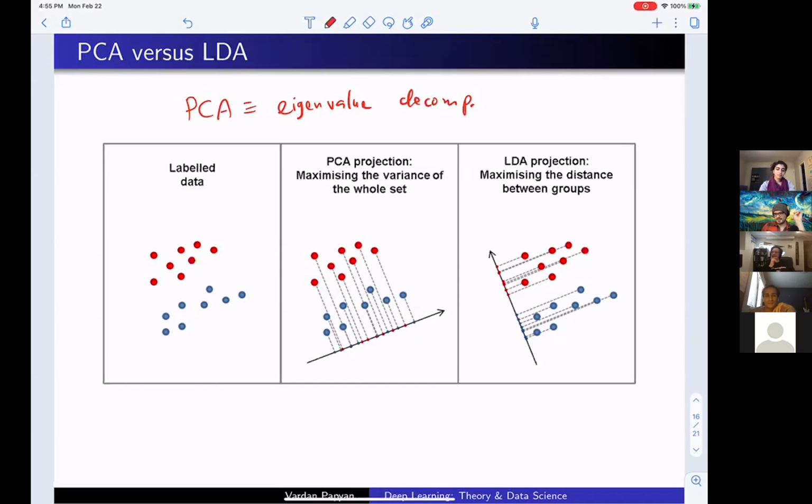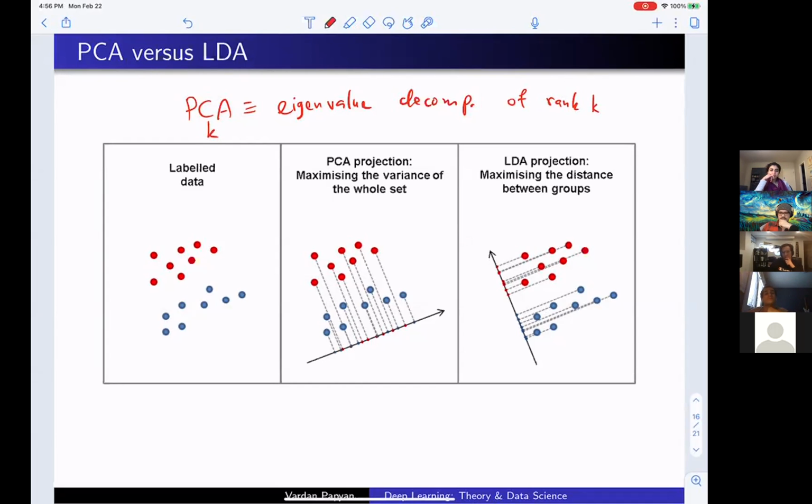Now, yeah, I've never seen anyone do PCA for a non-square matrix. So basically PCA is just eigenvalue decomposition. And if someone says PCA with the parameter K, let's say, it means the eigenvalue decomposition of rank K. Why would it be useful to maximize the variance of the whole set?